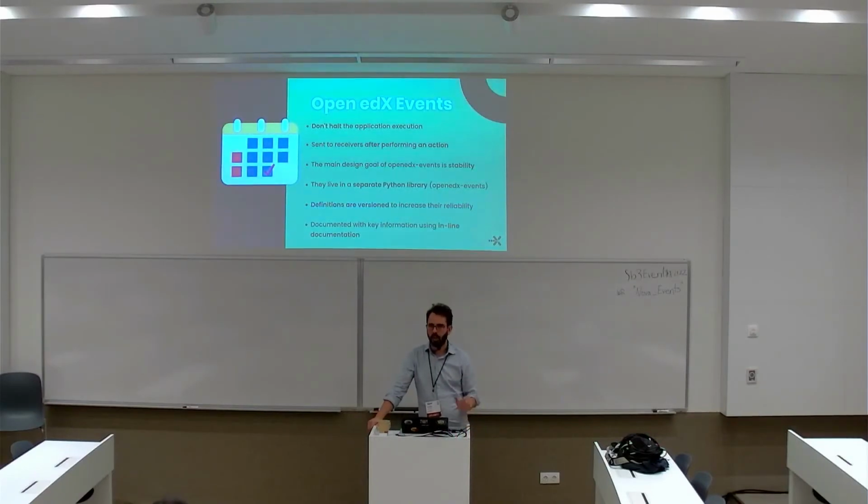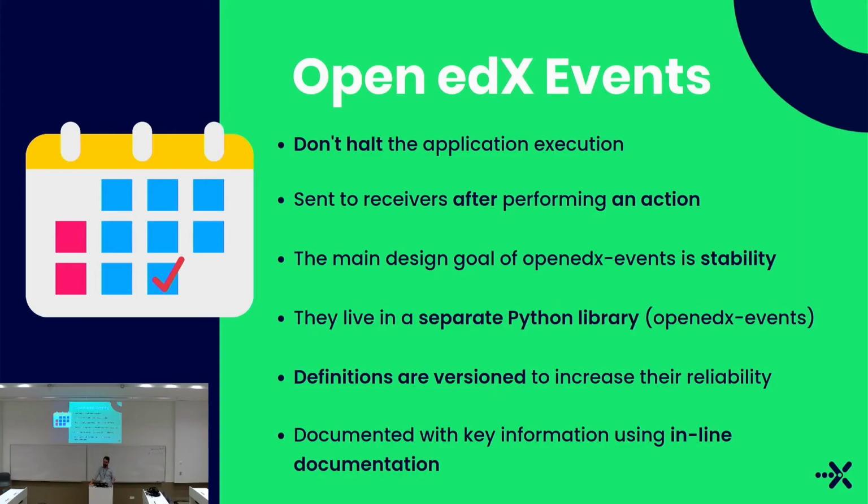We want developers to be able to take an event and build on top of it and be absolutely 100% sure that their event will continue to exist in the platform in the same way, that it will not break. That if I publish a plugin that depends on a certain event, it will always receive the same information from the event, and I can trust that my foundations for developing are strong.